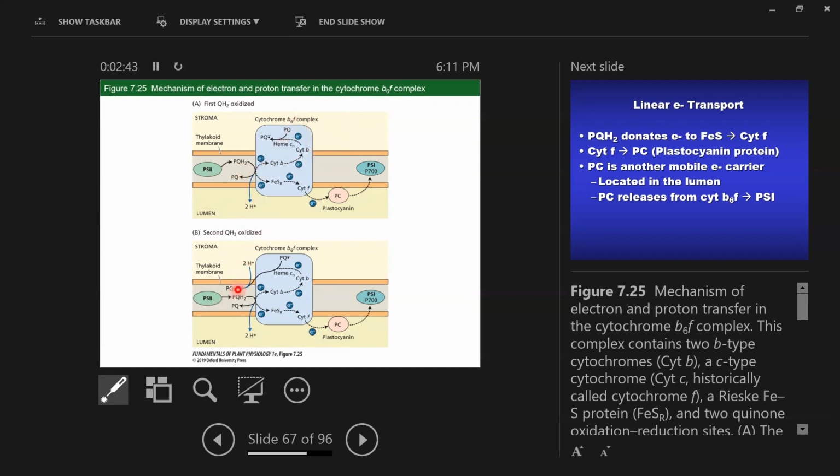And then the second PQH2 comes along, dumps its protons, and then that plastoquinone that's semi-reduced gets the second electron, grabs 2 protons. So when you add it all up together, you see protons disappearing from the stroma in the sense that they're getting bound up into the PQH2, and then you get protons being dumped into the lumen through the action of this Q cycle.